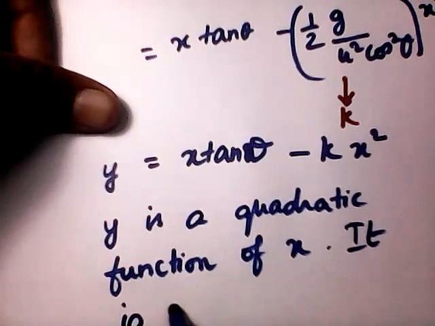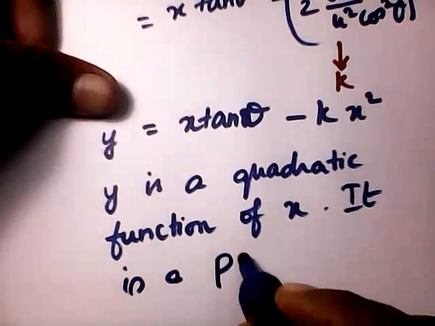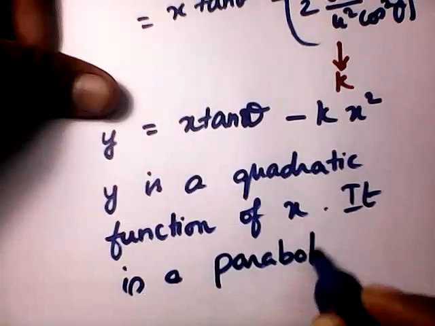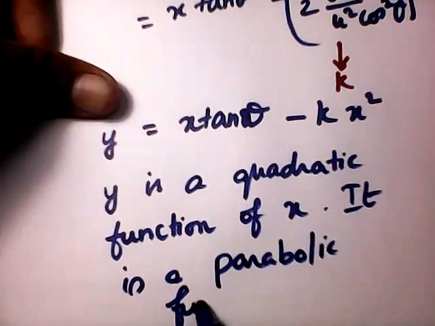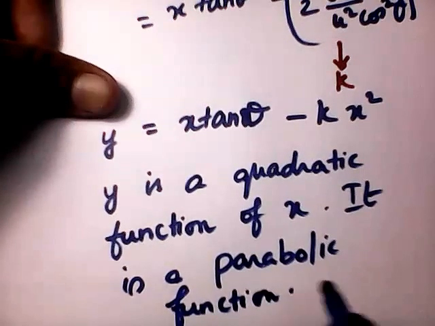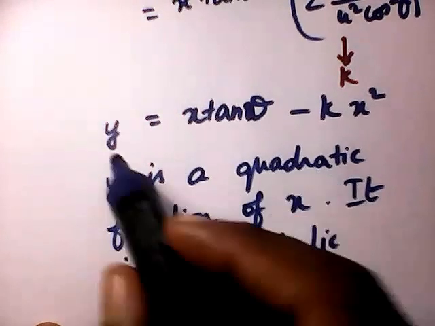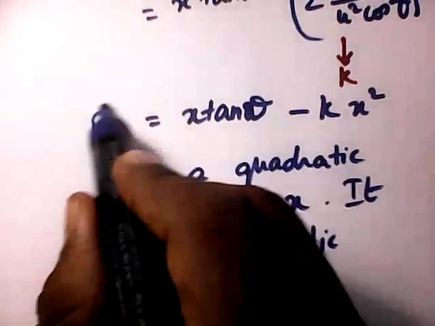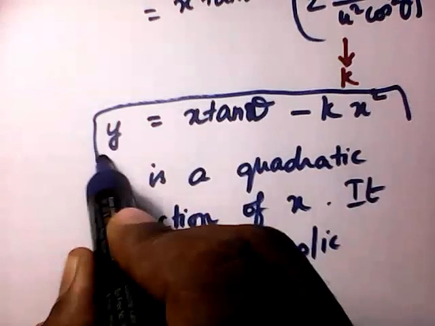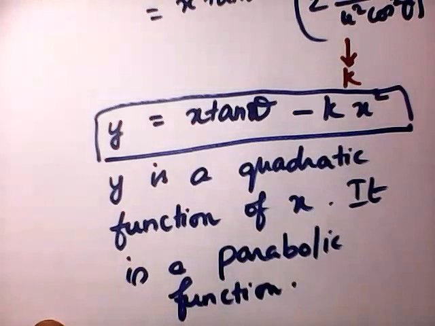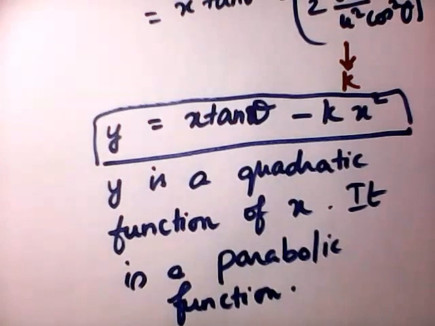Y, the displacement function, is a parabolic function. So this is what we want to know. This is the projectile motion: y equal to x tan theta minus k x square.